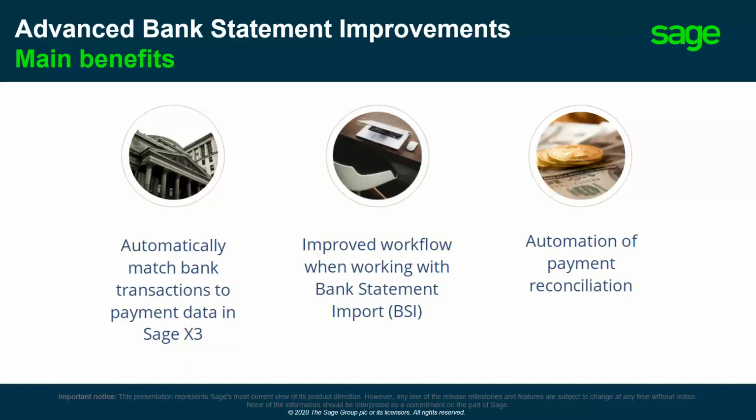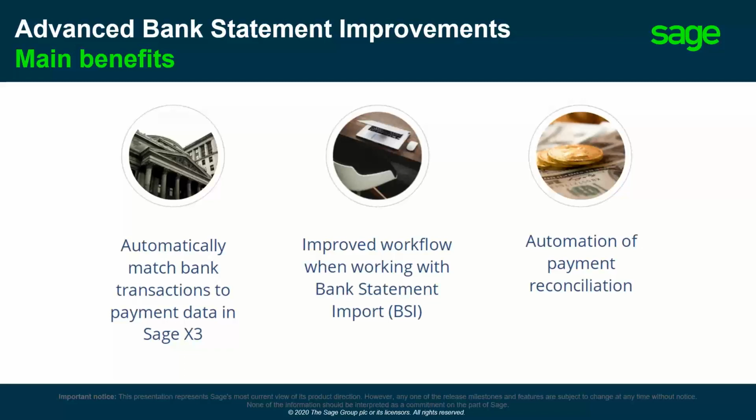The goal of this feature is to improve the payment life cycle by automating routine tasks such as matching imported bank transactions to open items or payments in Sage X3.